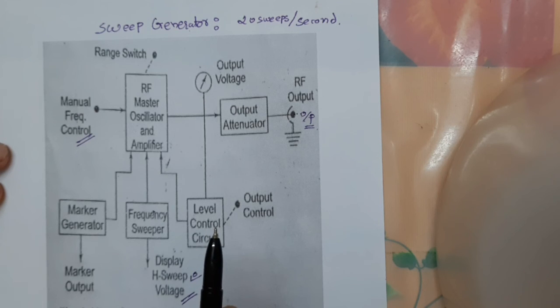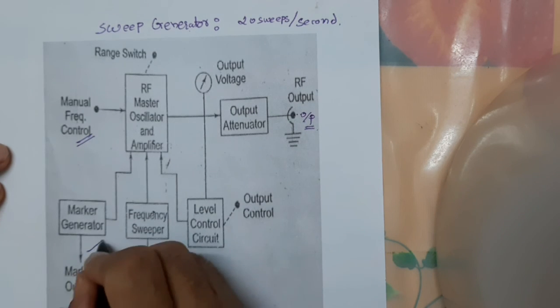The frequency sweeper provides a varying sweep voltage for synchronization to drive the horizontal deflecting plates of the CRO that we have discussed. Hence, the amplitude of the response of a test device will be locked and displayed on the screen.